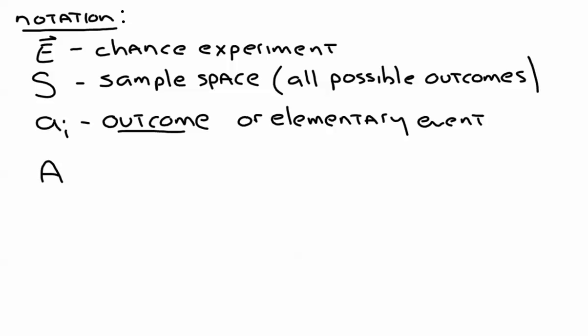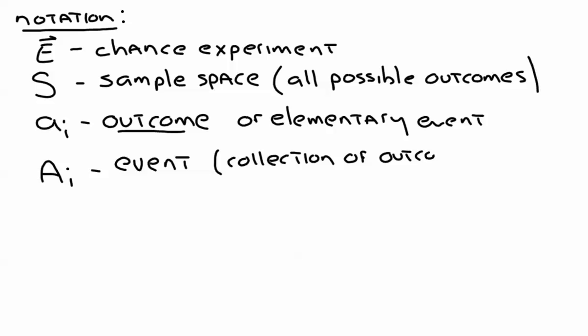Next bit of notation is a capital English letter subscripted with a number. This will be an event. An event is a collection of outcomes. The sample space, being the collection of all possible outcomes, is an event. It's a special case event.